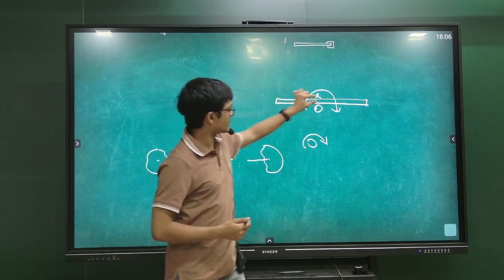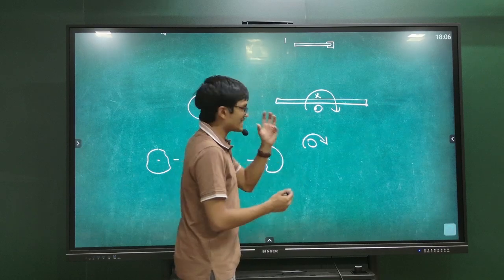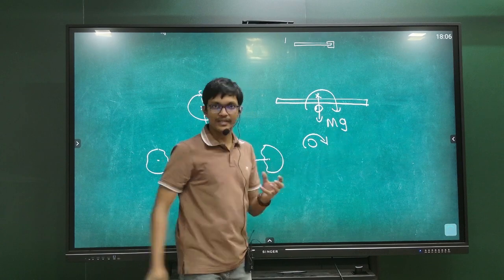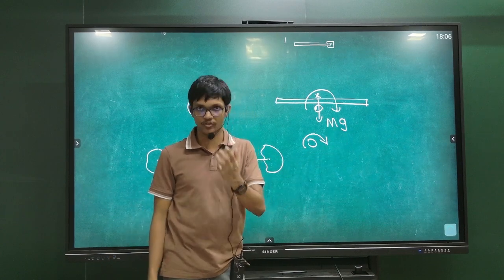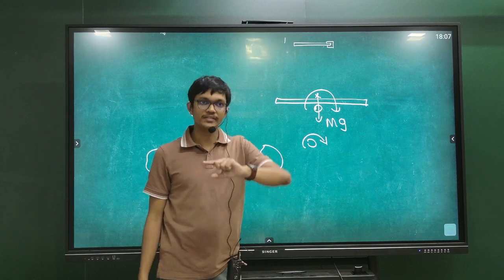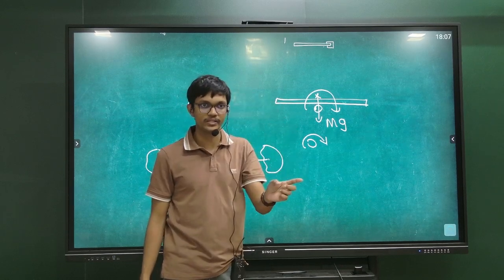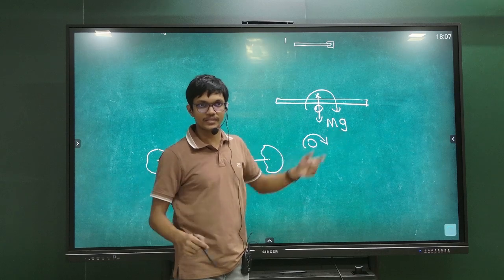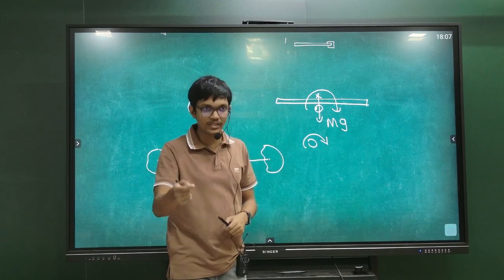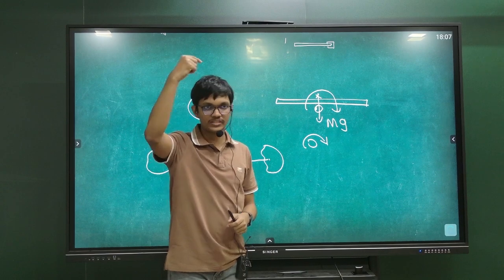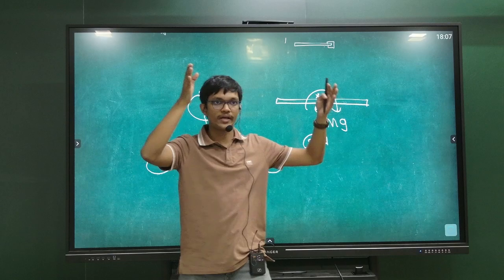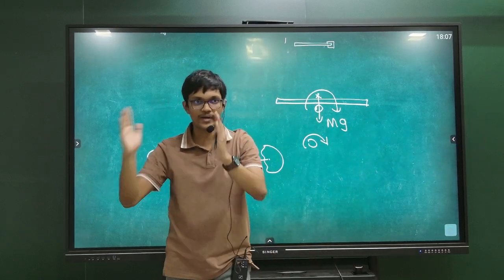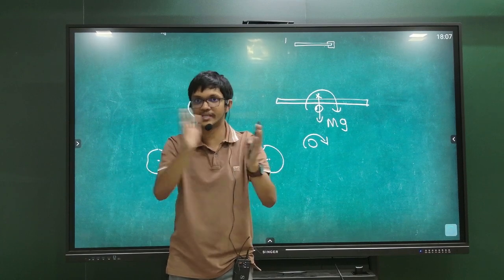So in a rod like this, its resultant weight acts at the center of gravity. Clear? So to get the total moment, I can consider the total weight and take the moment by the total weight. Can you remember? The principle of moment mentions you can get the sum of moments or you can get the moment of the resultant force. You will get the same answer.